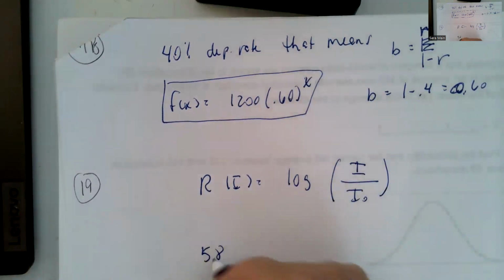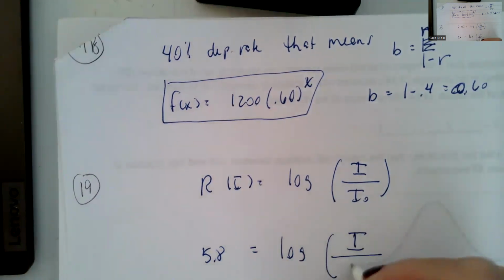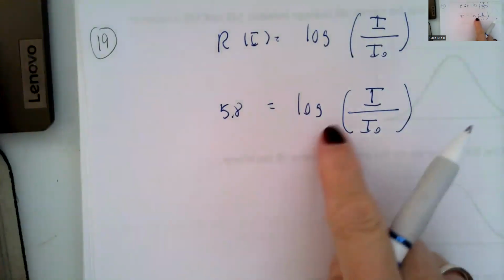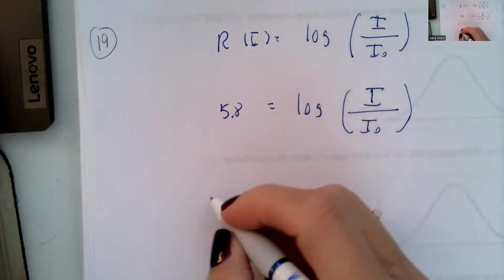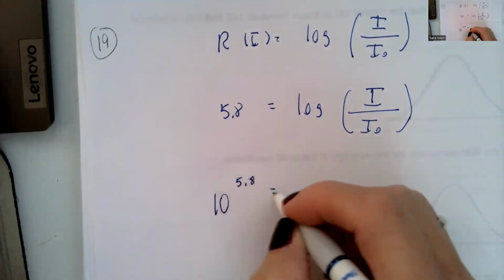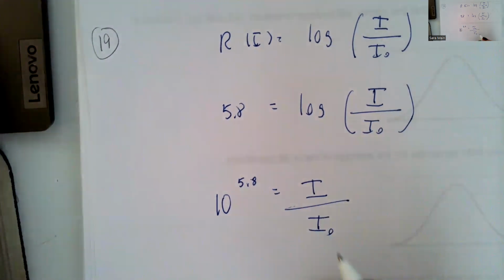And so we know this. And so this is really, they don't show a base, and it's because it's log base 10. So I'm going to write this as an exponential. So it's 10 to the 5.8 equals I over I0.